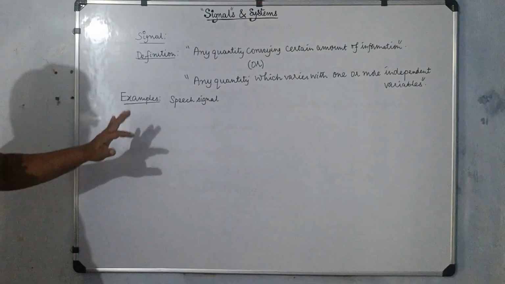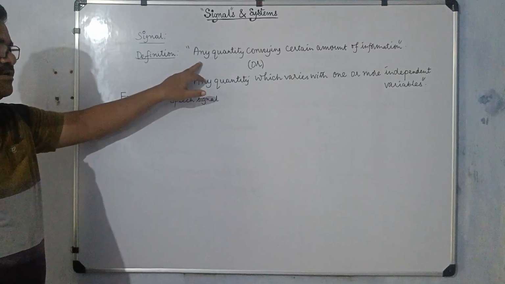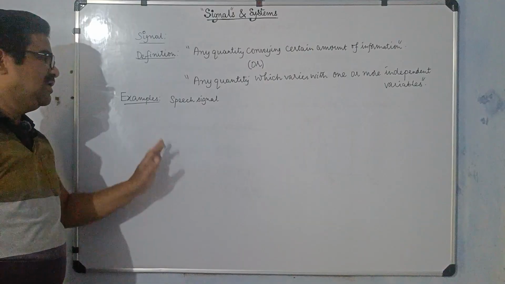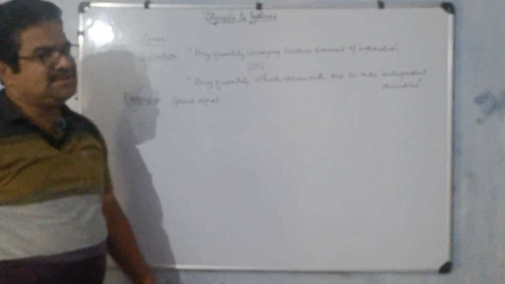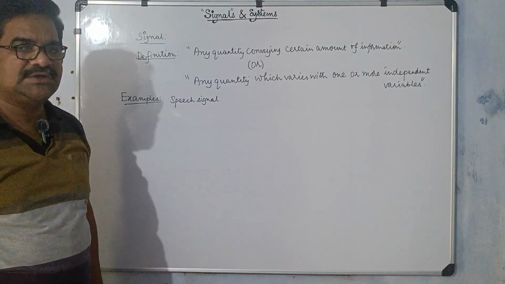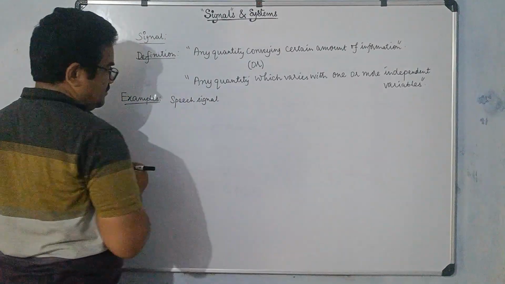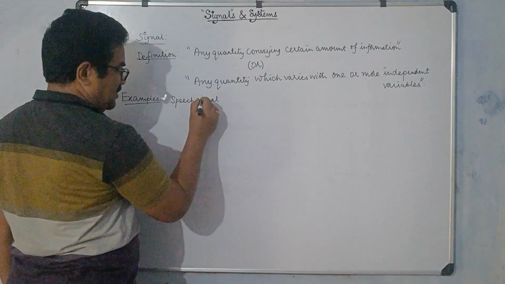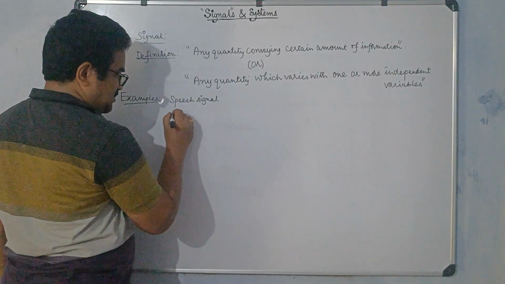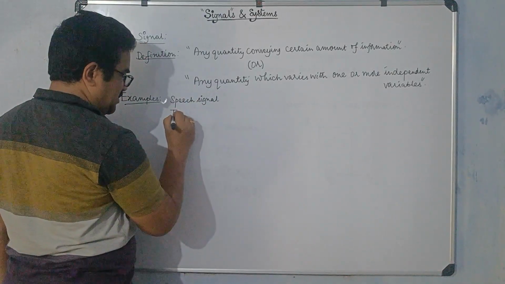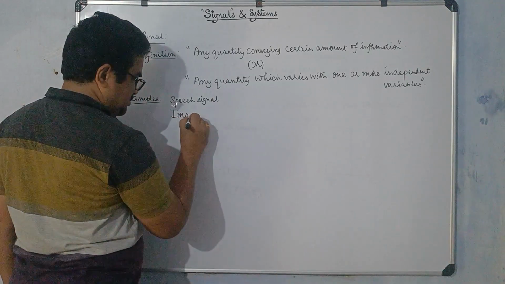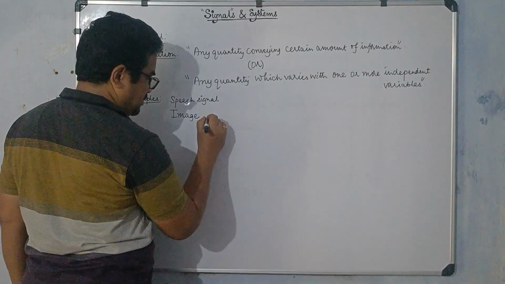So speech signal is having certain amount of information according to this definition. At the same time, the speech signal is continuously varying with respect to time. Its amplitude keeps on changing. Okay, that is one example for a speech signal. So other signals like an image signal. Image is also a signal.